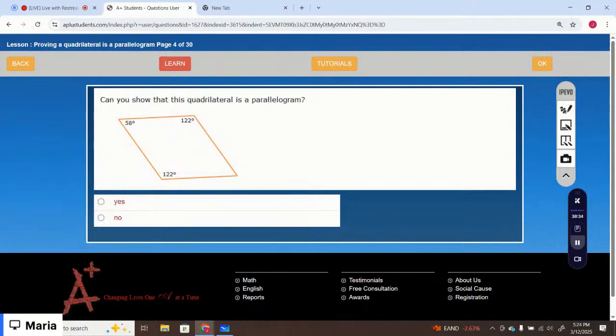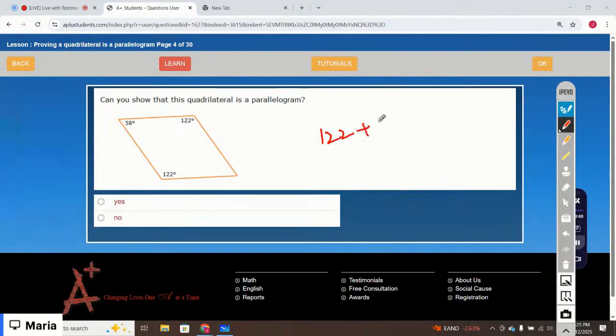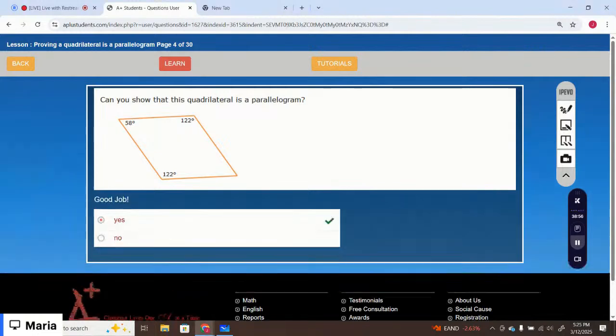Can you show that the quadrilateral is a parallelogram? So let's add these angles, 122 plus 58. 8 and 2, 10. That measures 180. That is supplementary angles. So yes, it is a parallelogram. Option number one is the correct option. It is a parallelogram.